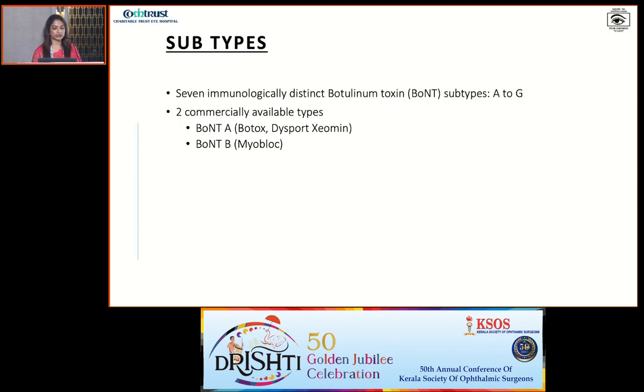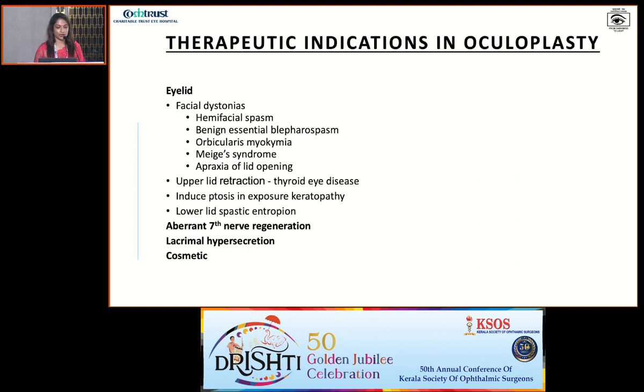Different subtypes have been described, of which the most potent one is botulinum toxin A, and the other usable variety is botulinum toxin B. Two commercially available types are botulinum toxin A, which are available in different brand names. The therapeutic indications in oculoplasty is what we will be dealing with today. As Soumya already spoke in detail about the various facial dystonias, I will not be going into the details of the same.